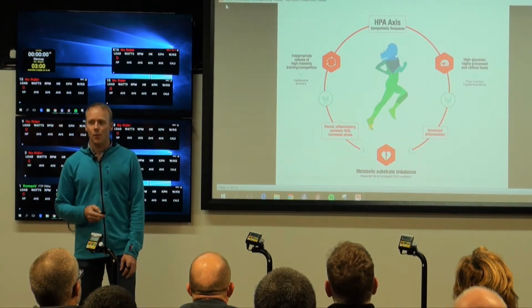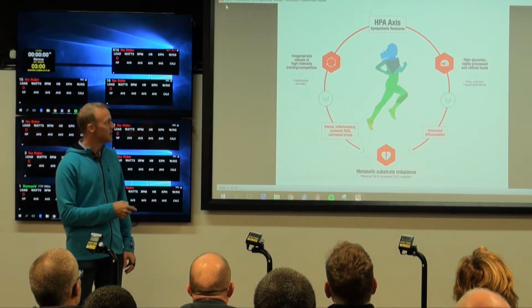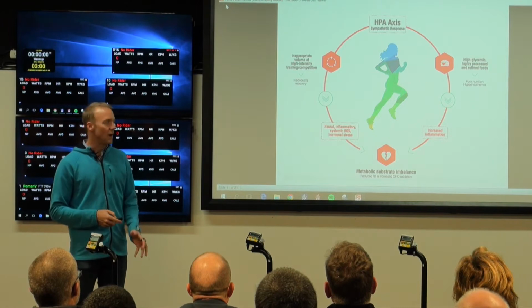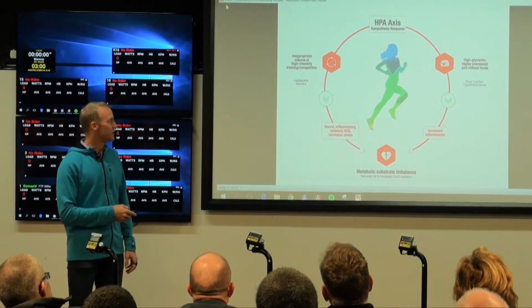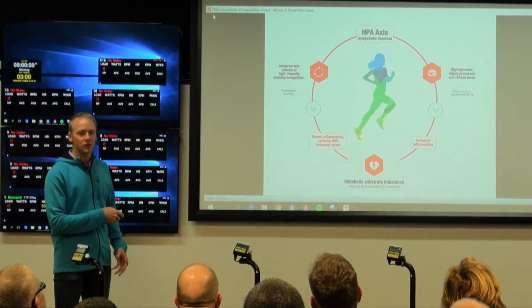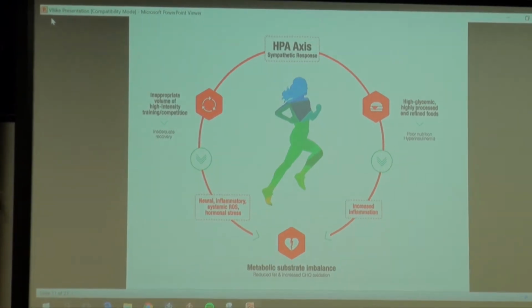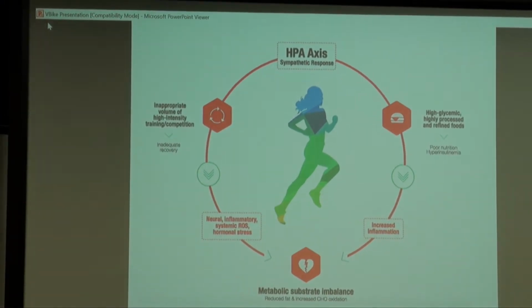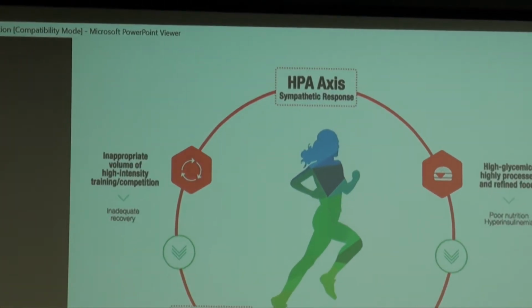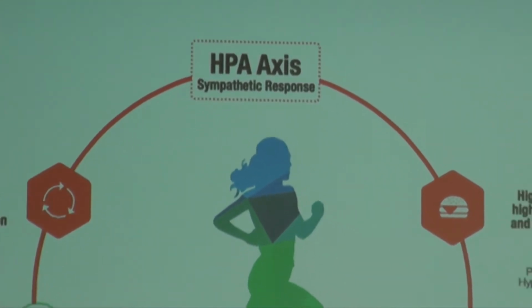I won't bore you with the details in this one. We can go back to it if you'd like. But basically, we draw a couple of links between why this unhealthiness has plagued so many. We've got too much volume of high intensity training, and we've also got high glycemic, highly processed, refined foods, and it comes together in a perfect storm that creates an unhealthy athlete.